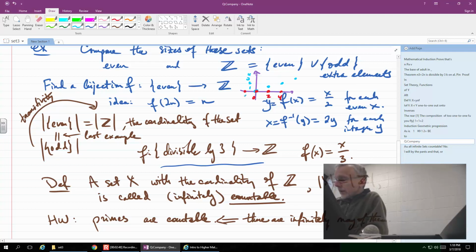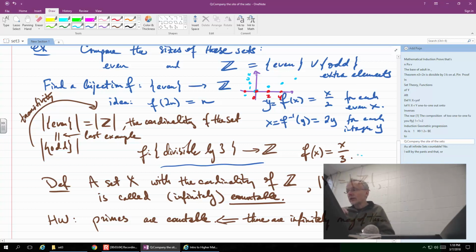You can, once again, as we did before, verify that it is one-to-one and onto. It is defined only on even numbers, it produces all possible integers, and it is one-to-one and onto all of that. Okay, so this is x over 3.